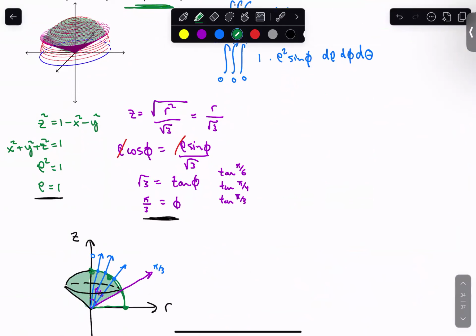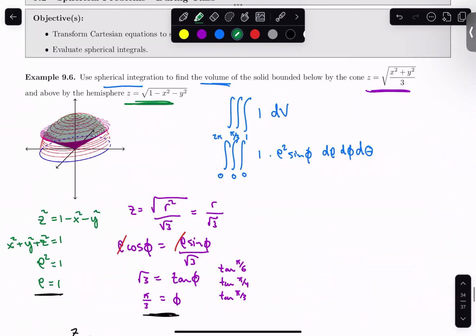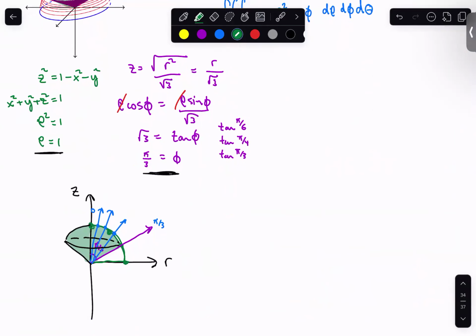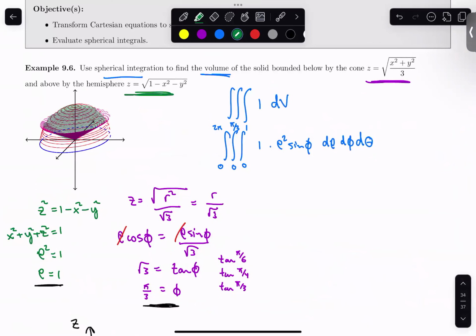So the question was, why does phi come off of the positive z-axis instead of the positive x-axis or the positive y-axis or something like this? You could create a different spherical coordinate system where it does come off of the positive x or the positive y-axis, and that would be completely legitimate.